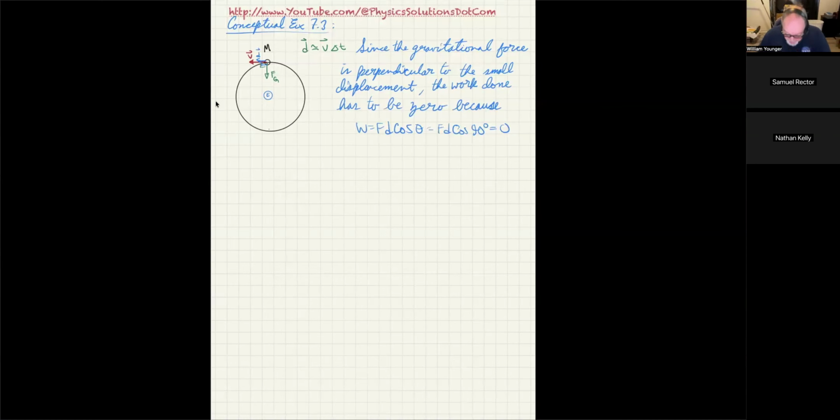Okay, so yes, when we actually assume that the moon is traveling in a circular orbit, then at all points the velocity is perpendicular to the force, and therefore there's no work done on it.